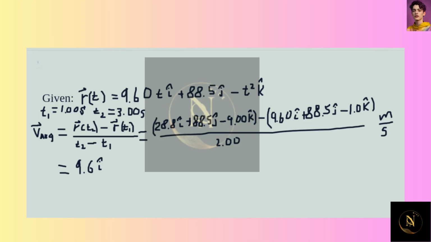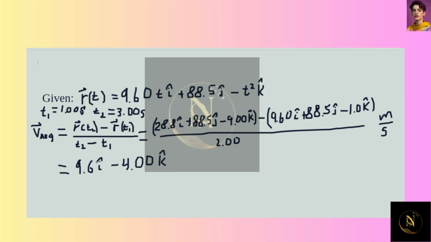Then finally, you have minus 9.0 k hat minus 1 k hat. So that's minus 9.0 k hat minus 1 k hat divided by 2. That's minus 4.0 k hat.